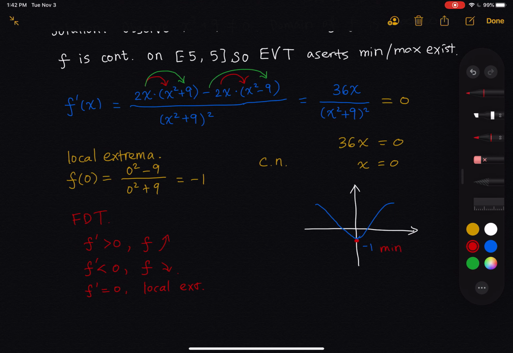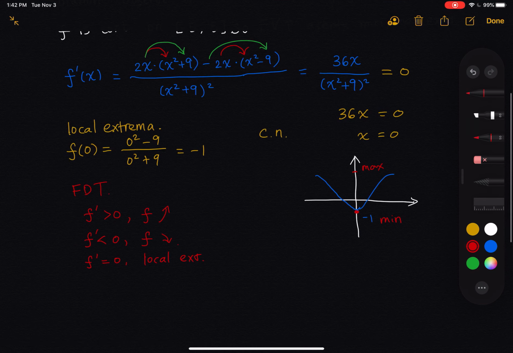We need to know where is the maximum and how do we get the maximum. So we have to apply this theorem that we know. So we have to rely on our knowledge of this f prime of x, which is 36x divided by x squared plus 9 squared.